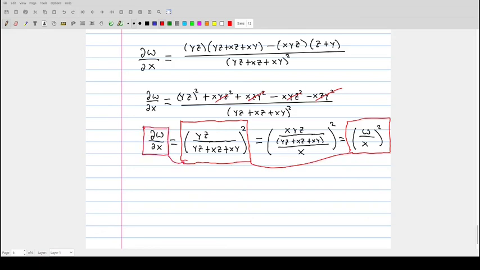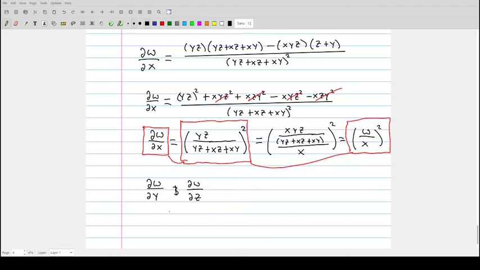The idea, though, is that all three of these are equal to one another, and you can use either formula to get the rate of change of the equivalent resistance. So I encourage you to play around with this example a little bit and to directly do this process for dw dy and for dw dz.